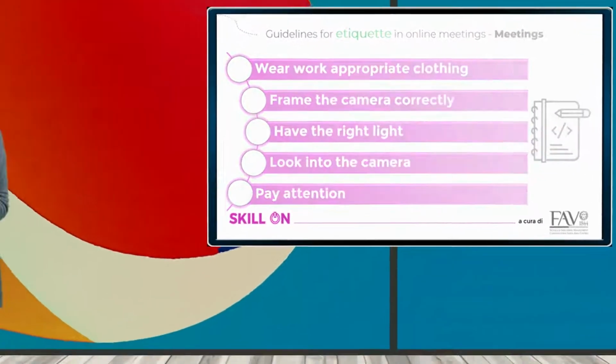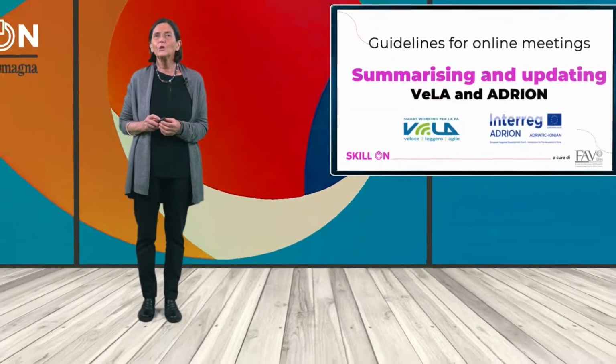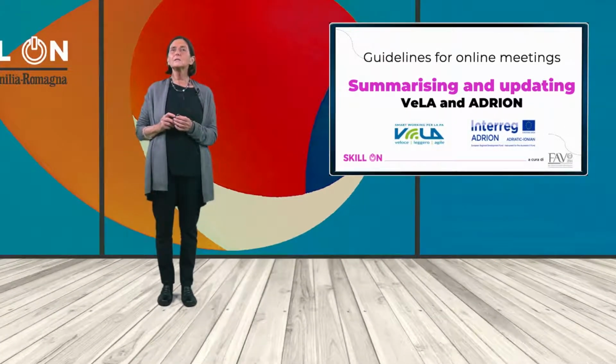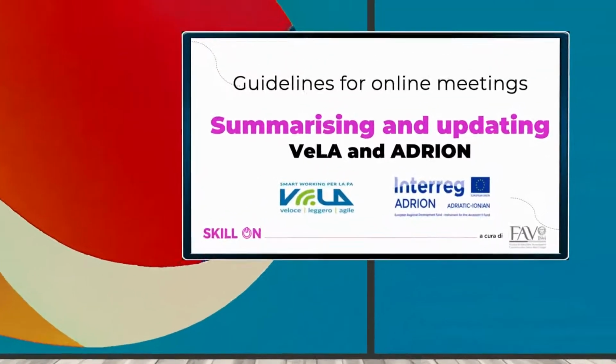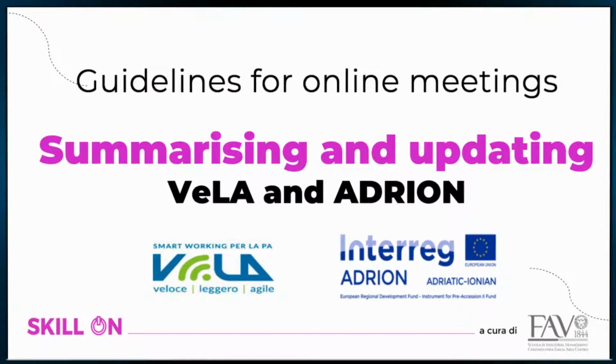Right, now let's move on to look at some guidelines for summarising and updating people. Very often it's necessary to be able to just give some basic information about a project or a programme.